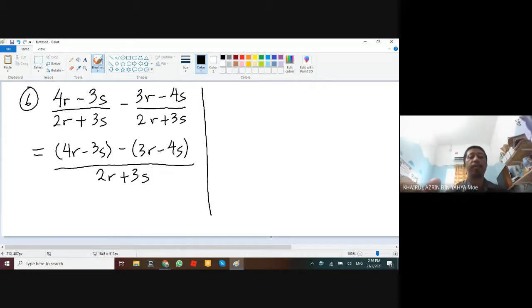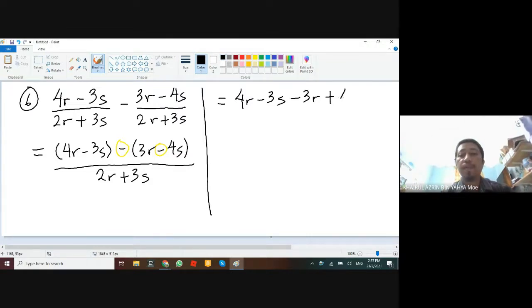Now we eliminate the brackets. It becomes 4r minus 3s, minus 3r. However, this one you need to be careful: negative, negative, we should write positive 4s.